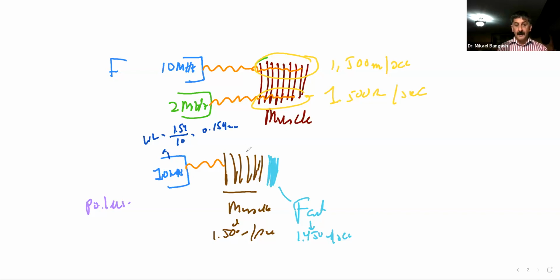But that wavelength would change as it travels through a different medium, because the speed of sound would then affect the wavelength. Clear?